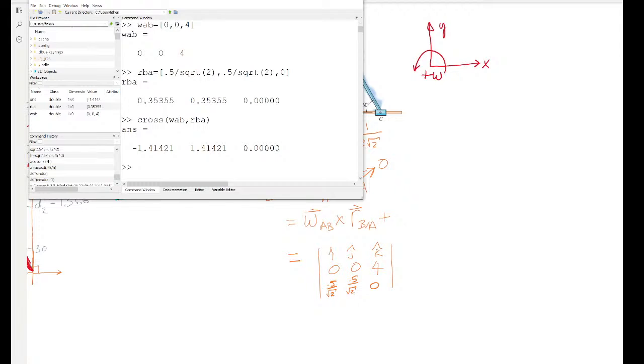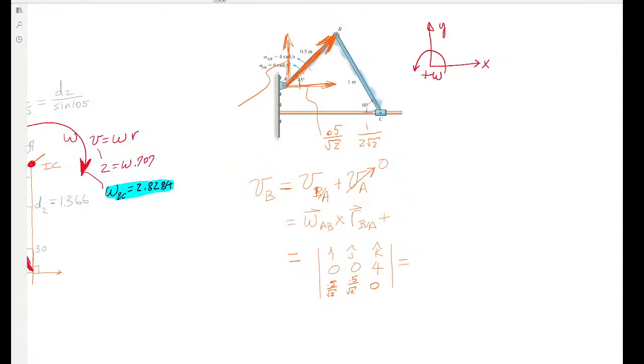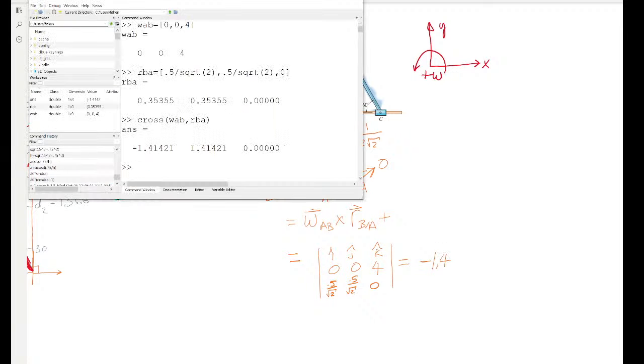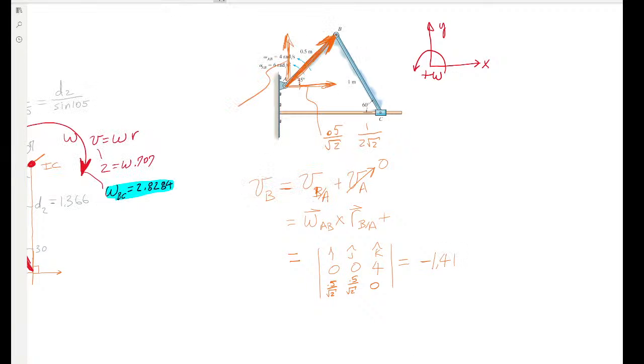So in effect, let me find my pen. Okay. I get minus 1.414 I plus 1.414 J. And that's all I get.